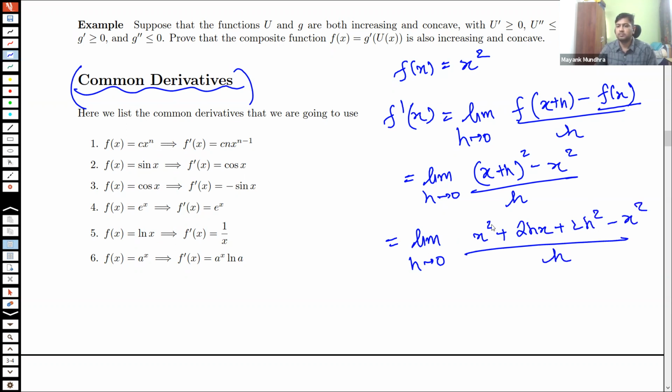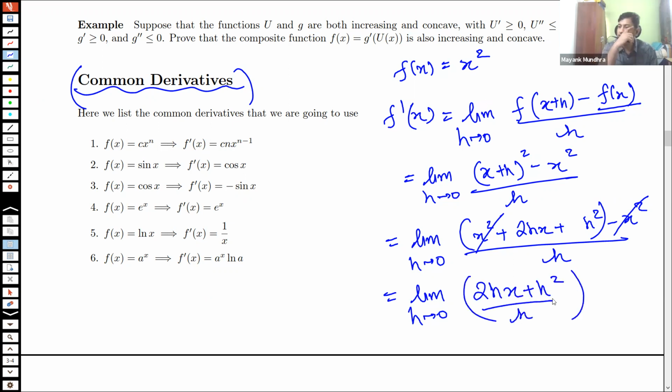So x square and x square cancel out. So you are left with limit h tending to 0, 2hx plus h square upon h.